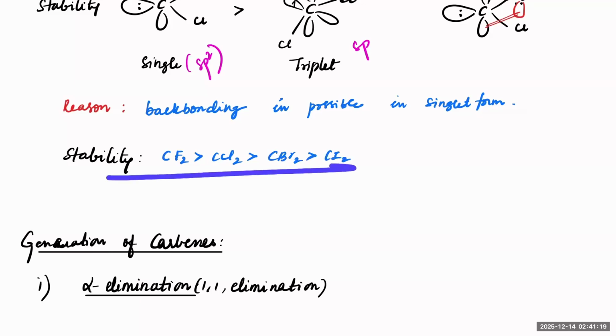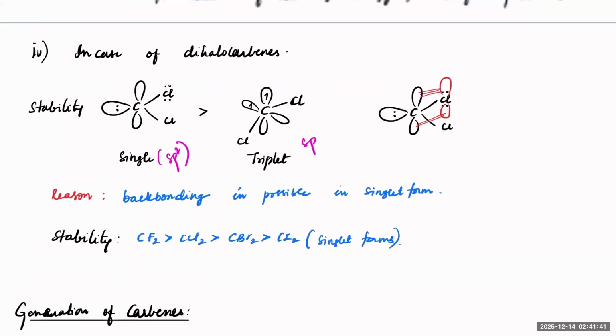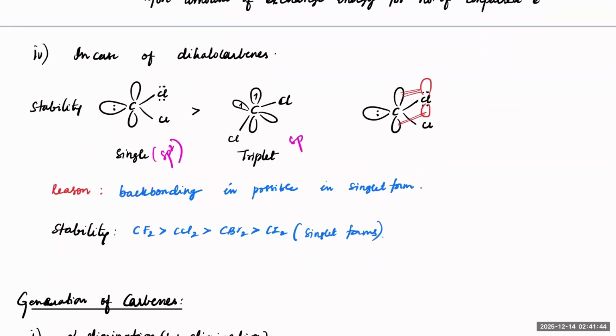So this is the order of stability, and all of these are in singlet form.